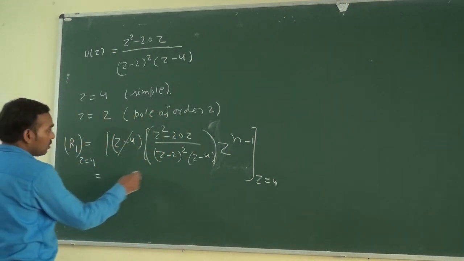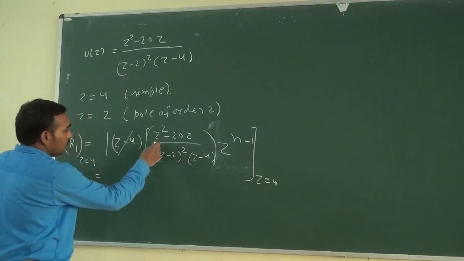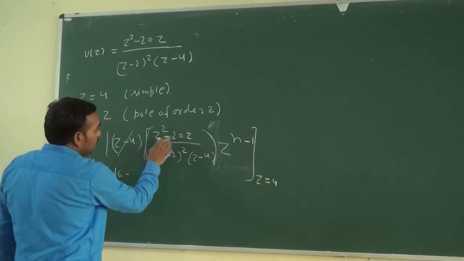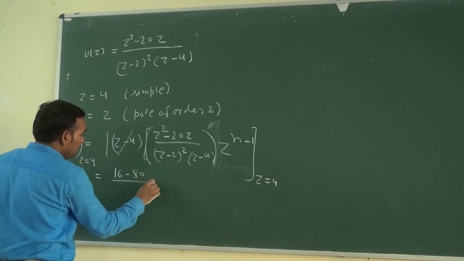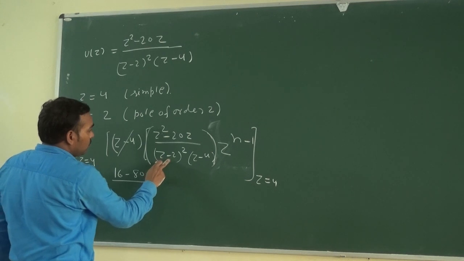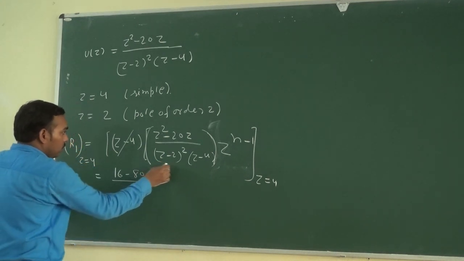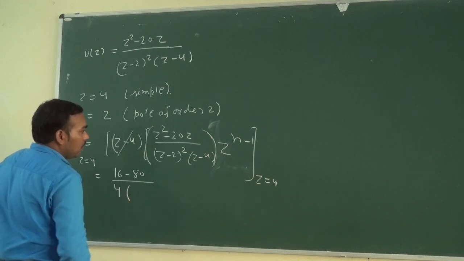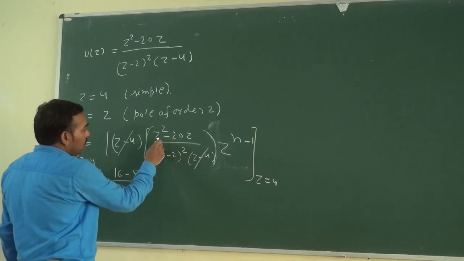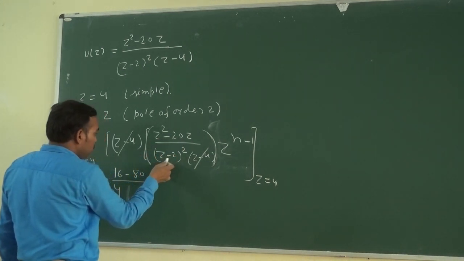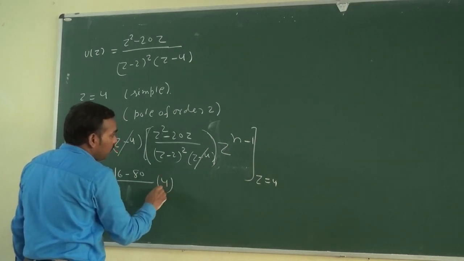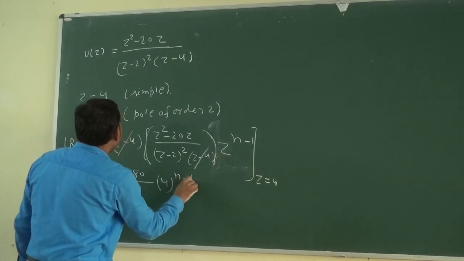So simply write here, 4 square means 16, so 16 minus 80 upon (4 minus 2) whole square, that is 2 square, which is 4, and here 4 to the power n minus 1.